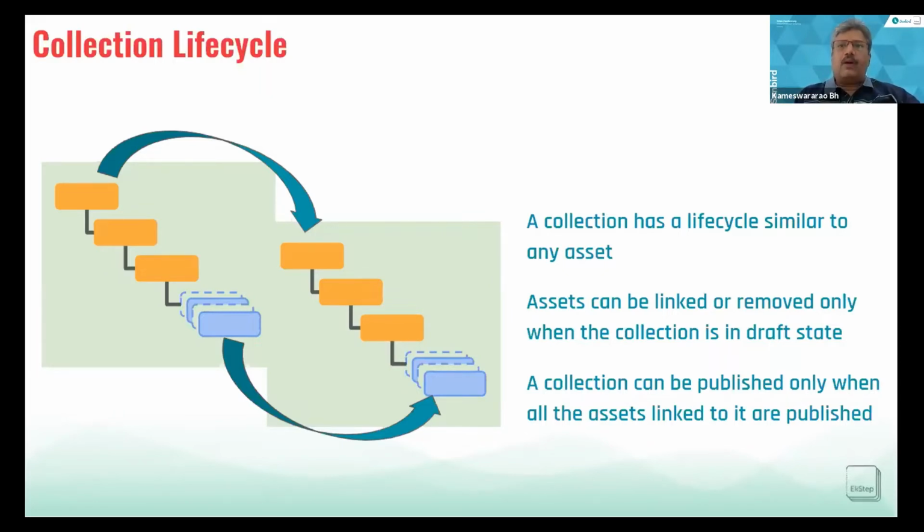You cannot have, for example, a collection which is in live state, but has a link to an asset which is in a draft state. It's a kind of an invalid state. So that needs to be taken care of to ensure that you don't end up with such scenarios. When publishing a collection, all the linked assets also have to be in published state.